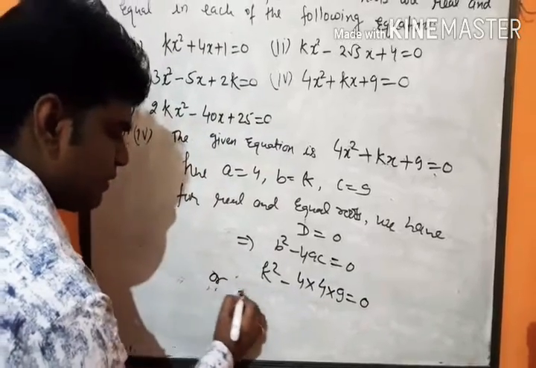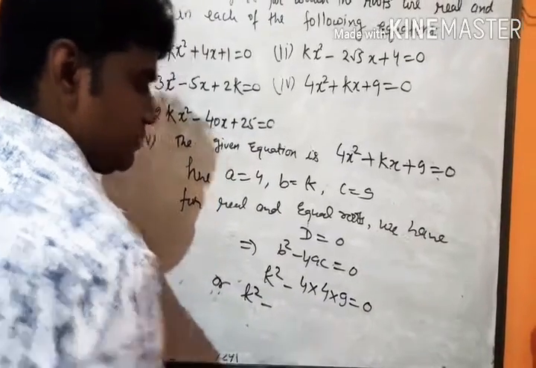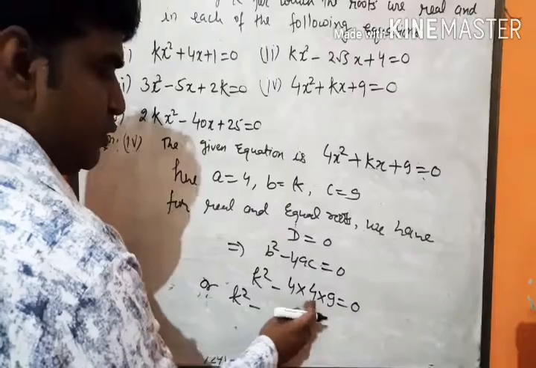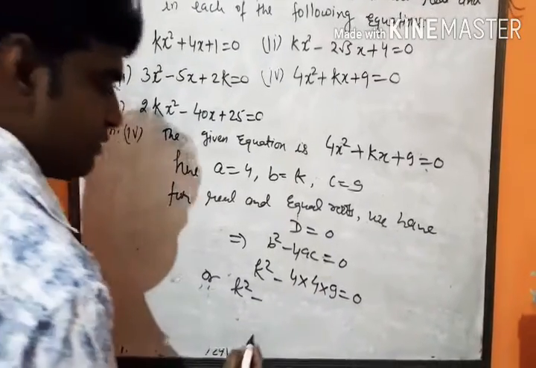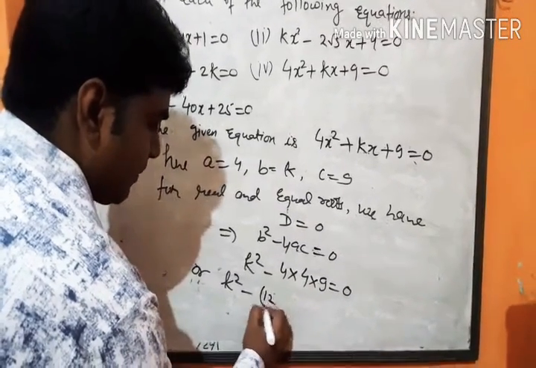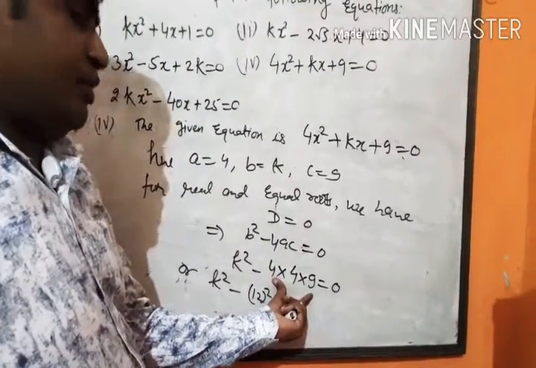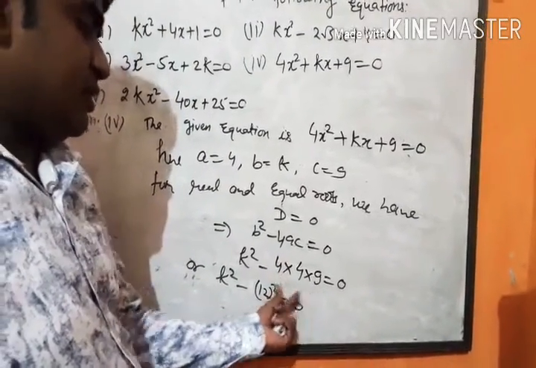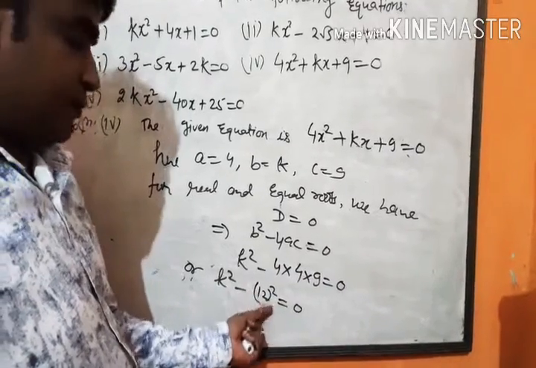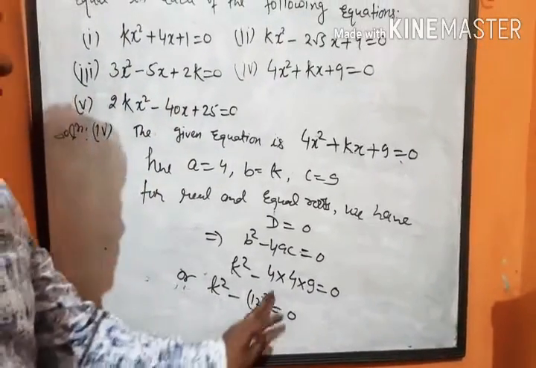It gives k square minus 4 into 4 into 9. It means 12 whole square. Actually after multiplication we have 144, and you know that 144 is the square of 12. 12 whole square means 144.